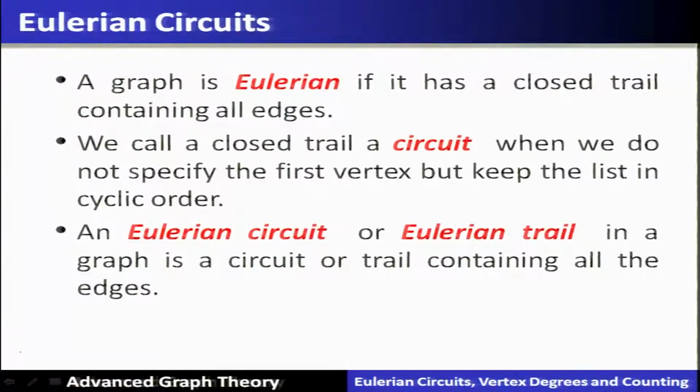Vertices can repeat. A walk in which only the edges do not repeat is called a trail. A closed trail means that it finishes at the point where it started.